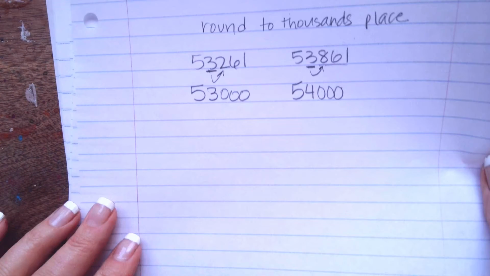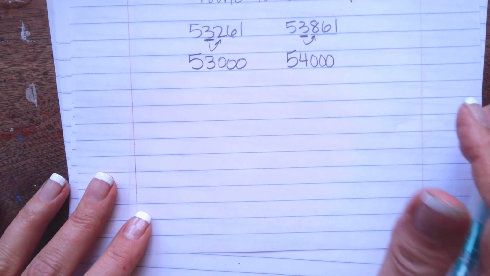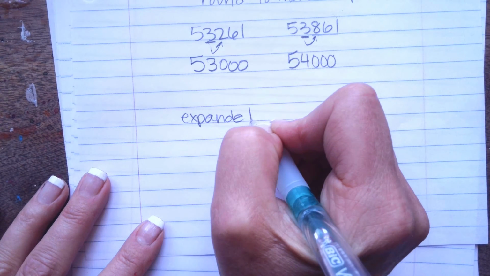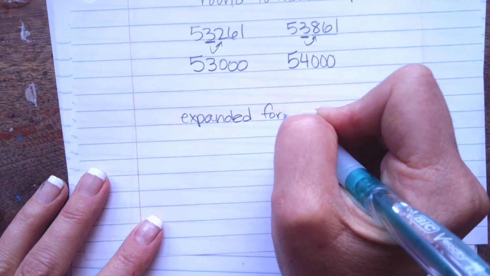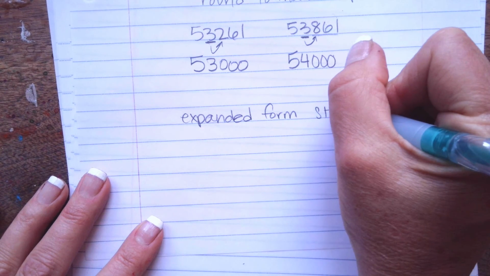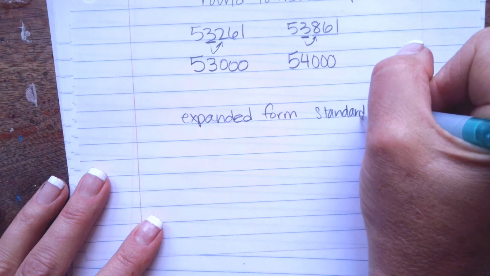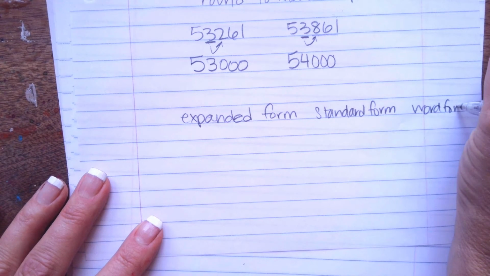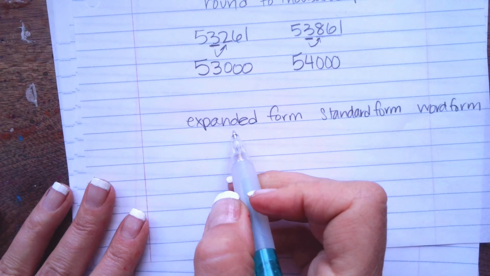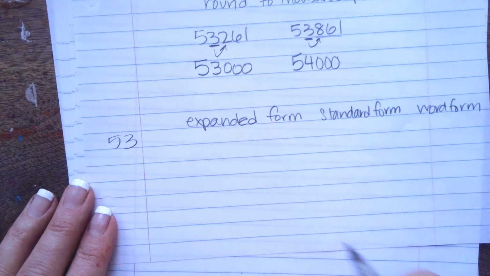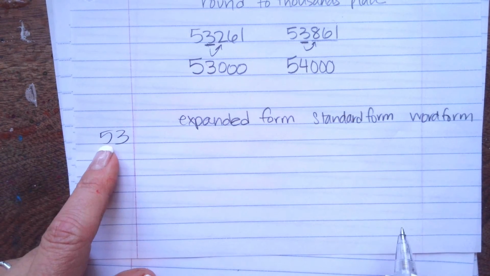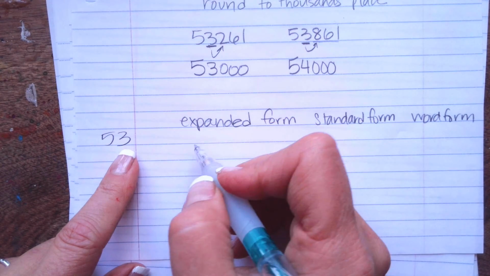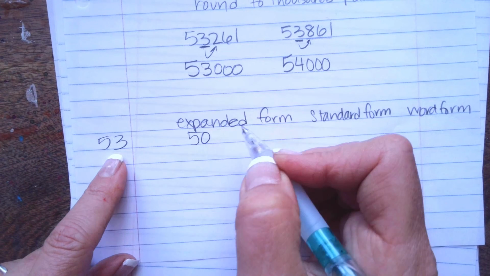Okay. Now we're going to do expanded form, standard form, and word form. Expanded form means we take the number like 53 and we show how much each of the place values are worth. So 53, we have a 50 plus a 3.